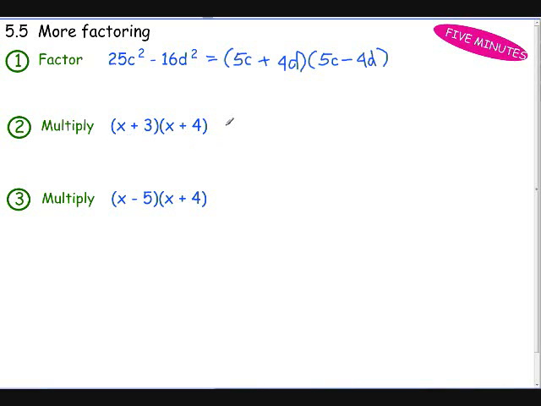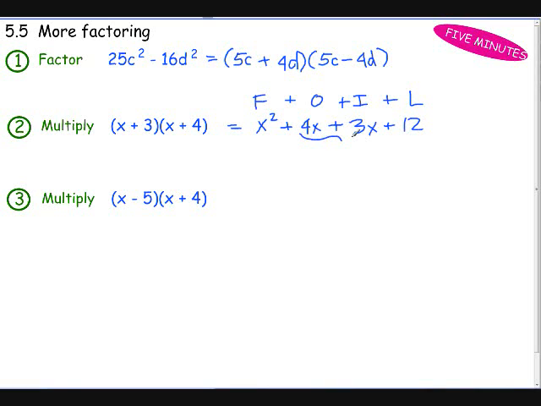Multiplying two binomials, we're going to FOIL this. We'll have x squared, that's our first, plus, what are we going to do next? Our outside, which is 4x, plus our inside, which is 3x, plus our last, which is 12.